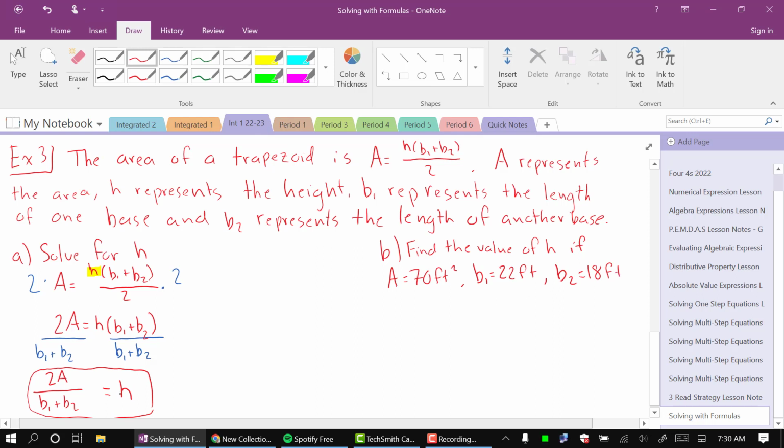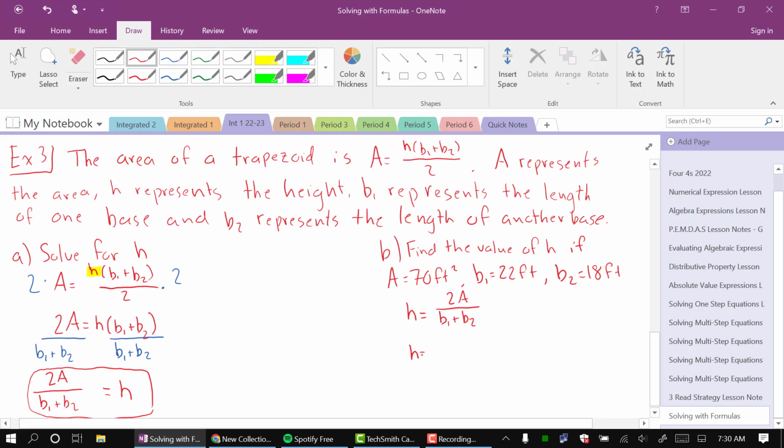So now I have some values for my equation. Now I can plug them in. So again, I'll write it, but I'm going to flip it this time. So I'm going to have h equals 2a divided by the sum of the bases. And this means the same thing as this. We just reflected it. So now I can plug in what I have.